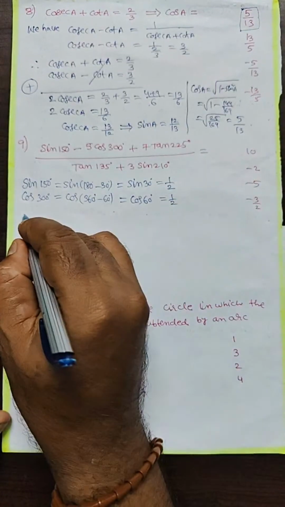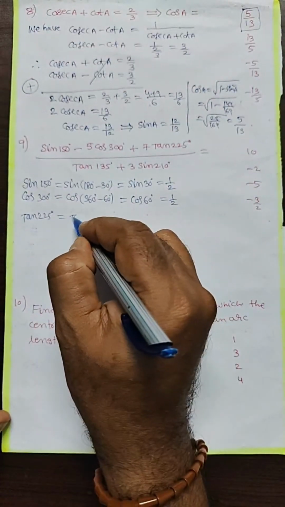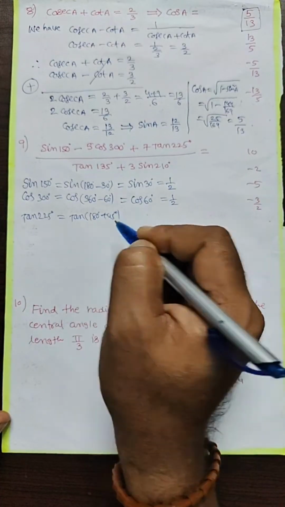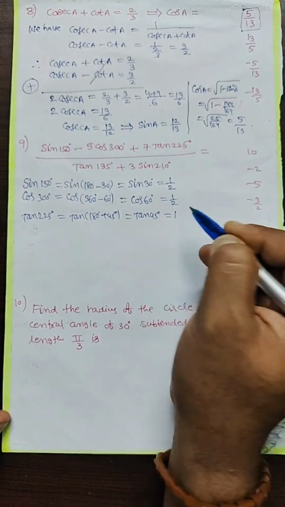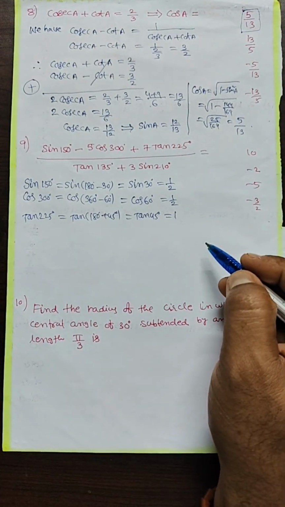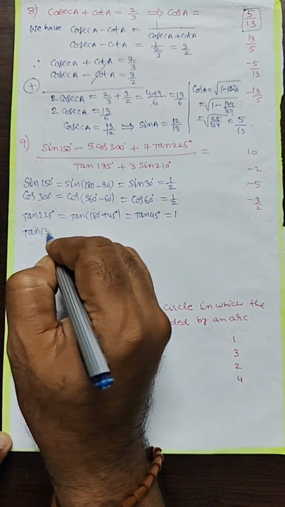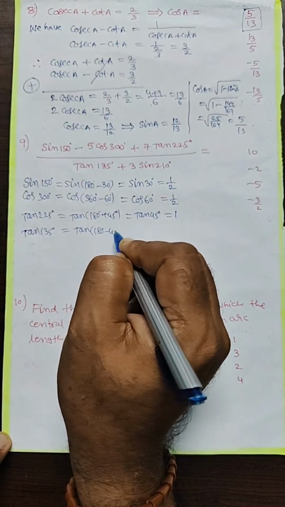Next, tan 225. Tan of 225 is equal to tan of 180 plus 45, which is equal to tan 45. So tan 45 is 1. Third quadrant, no. Next, denominator tan 135 degrees. Tan of 180 minus 45.